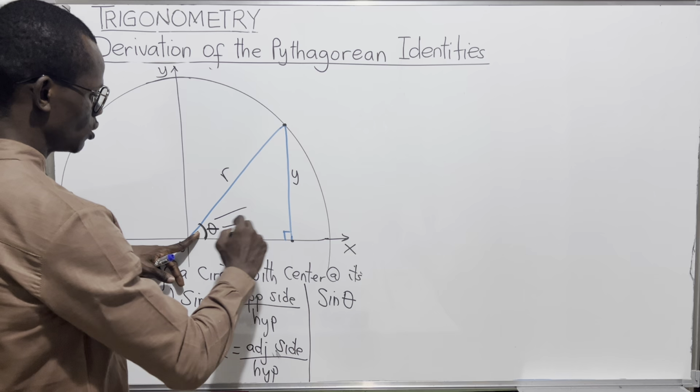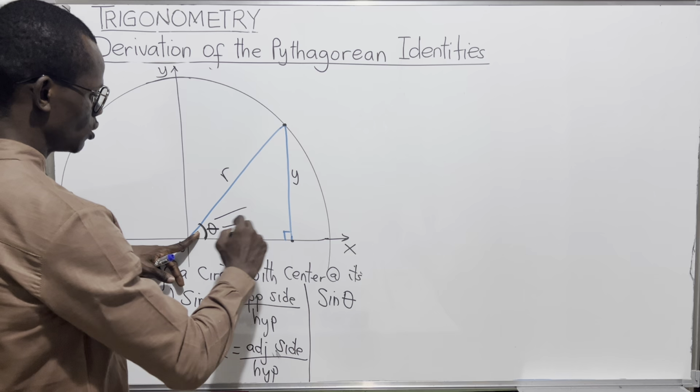Now, this side from the origin to this point right here, we can call it some x. From this point to the circumference, we can call it some y, because this is on the y-axis, this is the x-axis. And from the circumference to the center, we can call it some r, because it's the radius of the circle.